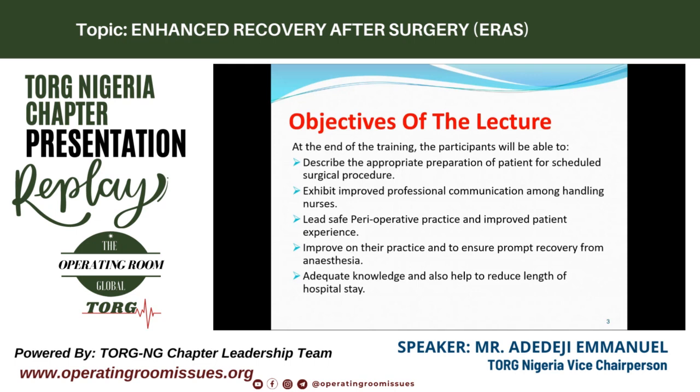Patients were coming out of surgery with different wound drains, NG tube, and even before surgery, prolonged fasting and all of that. So these are some of the things that have been improved on in the recent past, and that has improved the outcome of the experience in the operating room.